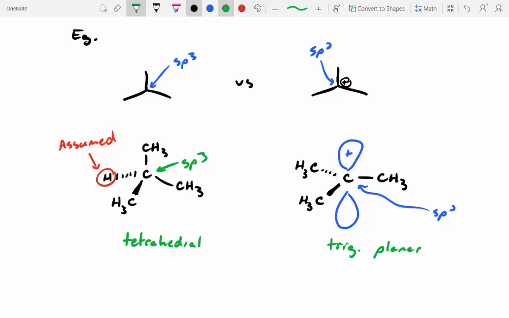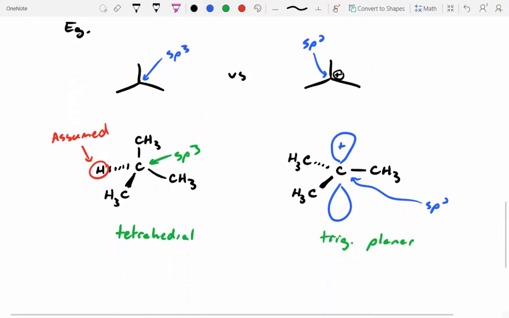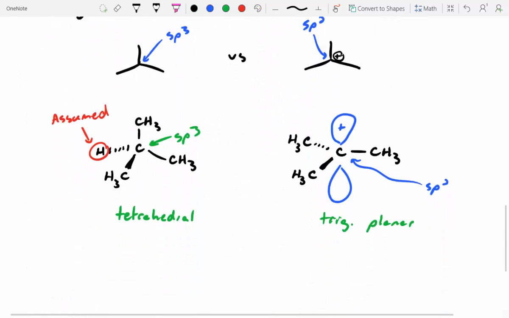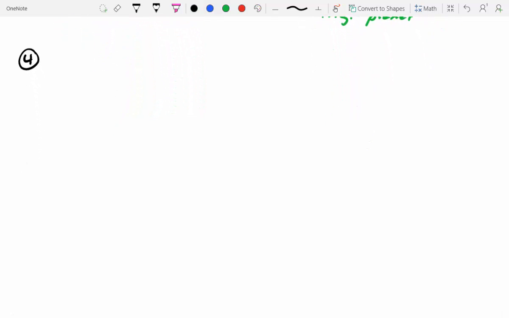All right. So that was number 3. Right, I had 1, 2, 3. Let's do 4. Number 4 was draw lone pairs.